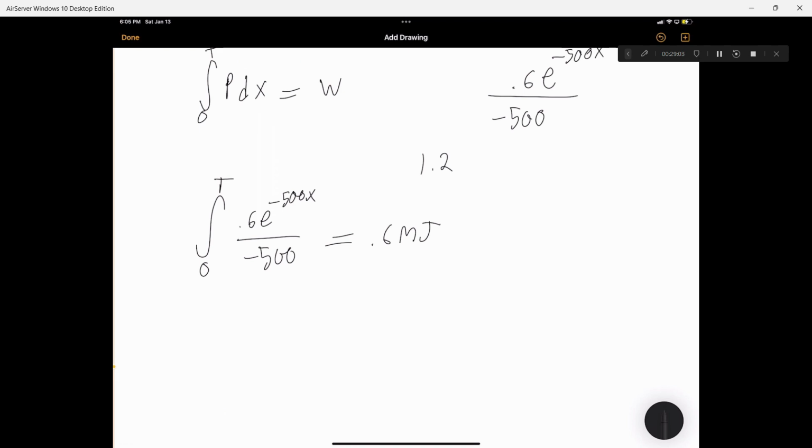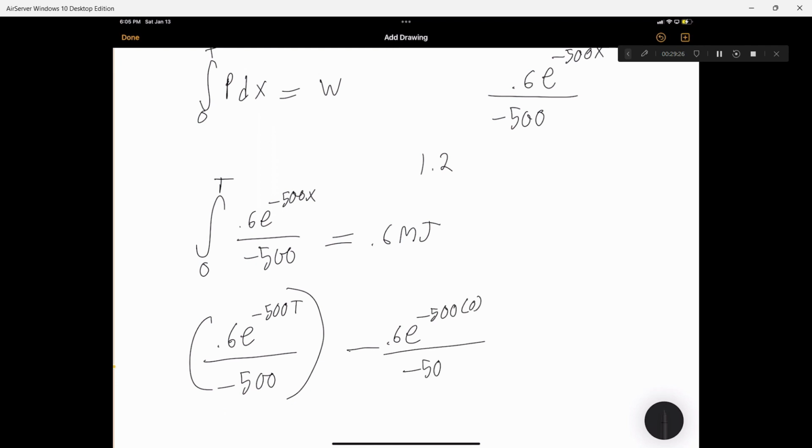And then we plug in our variables. 0.6 e to the negative 500 t divided by negative 500, this function minus 0.6 e to the negative 500 at 0 divided by negative 500. Well, e to the 0 is 1, negative 500 times 0 is 0.